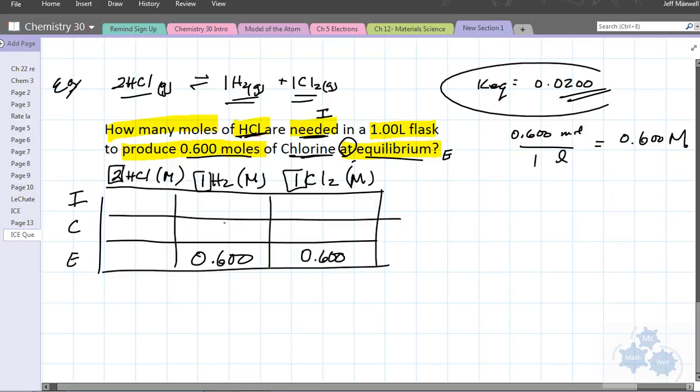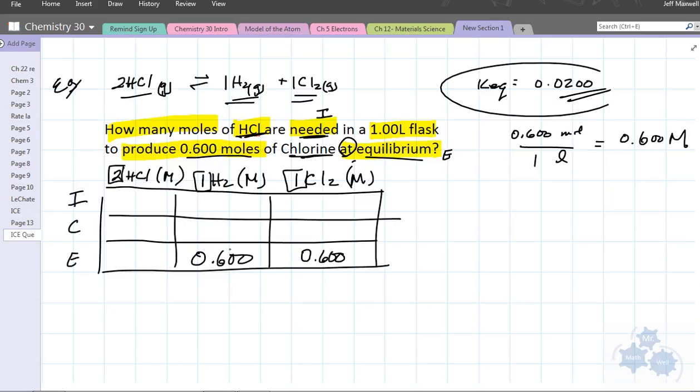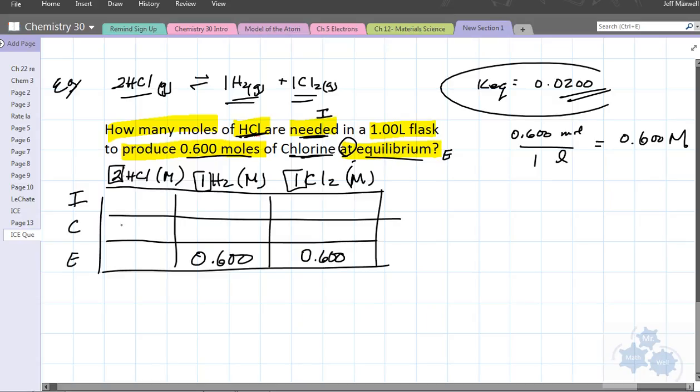What else can we do? How can we use this chart to solve for what we're looking for here? Anybody? So HCl is 2 of these. Well, here's the thing. I'm glad you said that. HCl, it is a 2-to-1 ratio, but you have to consider this: we only start with HCl. How many moles of HCl needed?